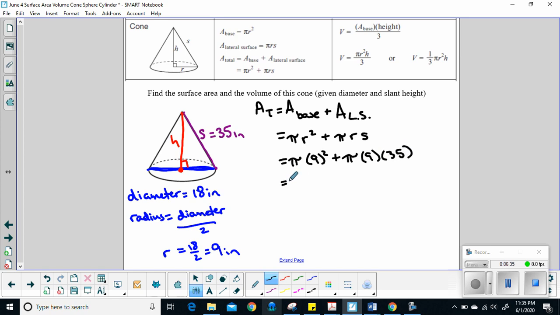So let's see. 9 squared times pi gives me 254, round that to 255, plus pi times 9 times 35 gives me 989.6. So add those all up to 1244.